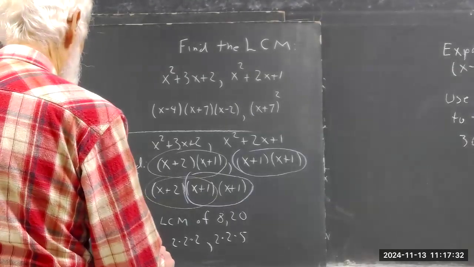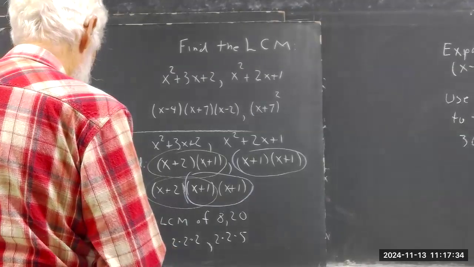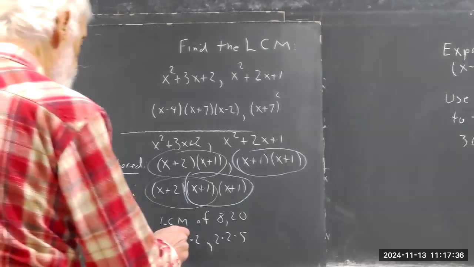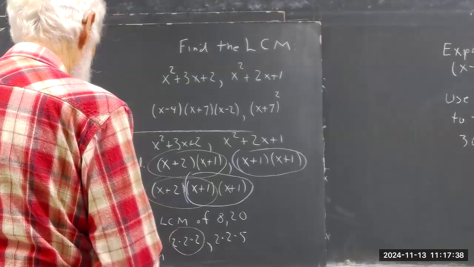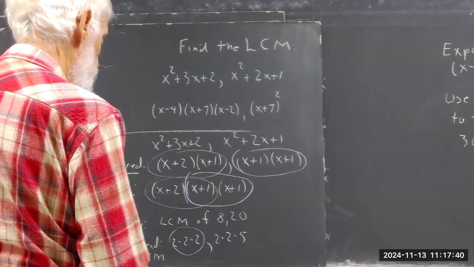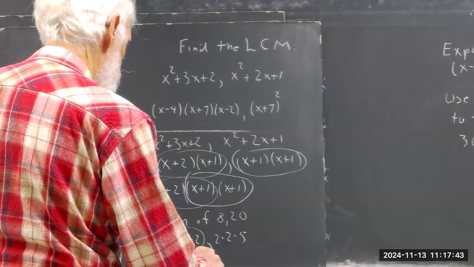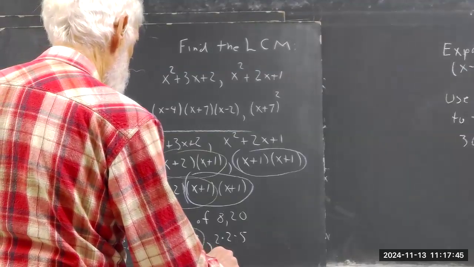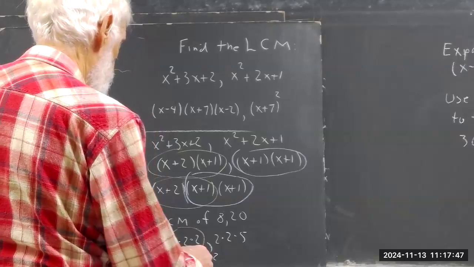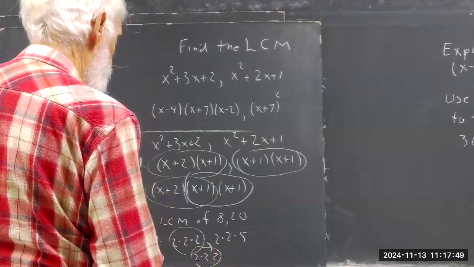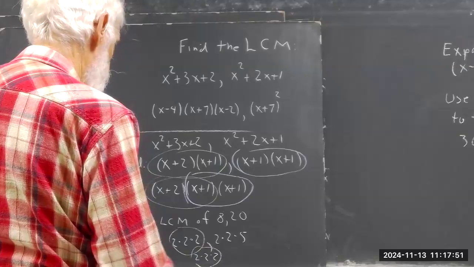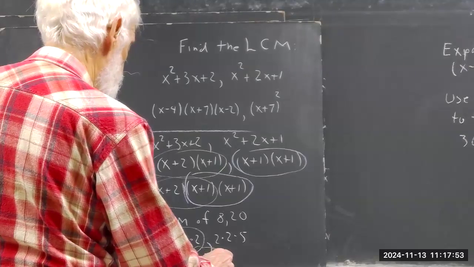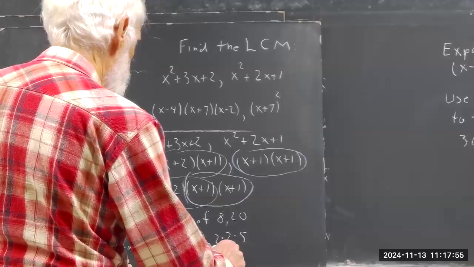So the LCM is 2 times 2 times 2. And I'll put a yellow circle around that. That times 5.